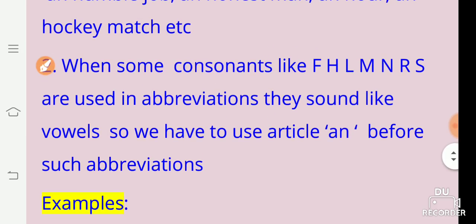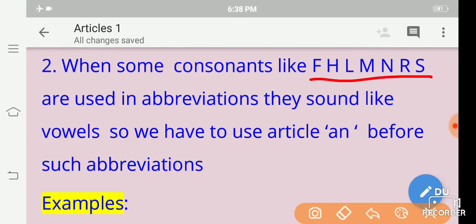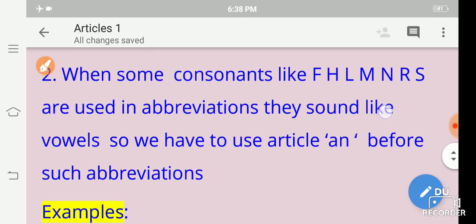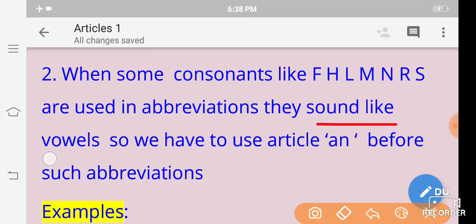So when F is used in the word famous, that gives a consonant sound. But when this F is used in an abbreviation, that gives a vowel sound. Therefore, I listed here these consonants. When these consonants are used in any abbreviations, they sound like vowels.